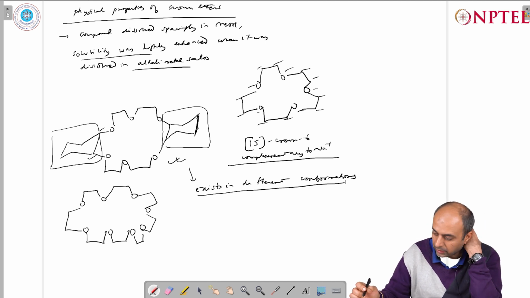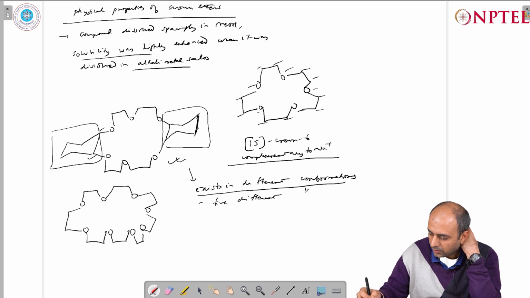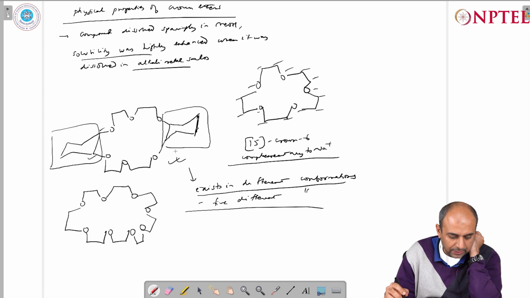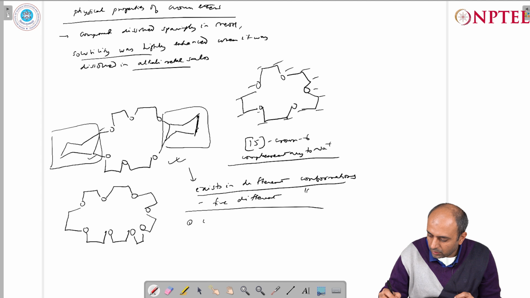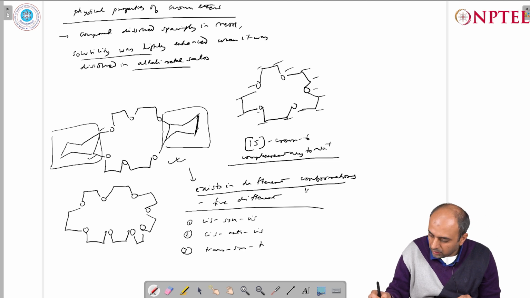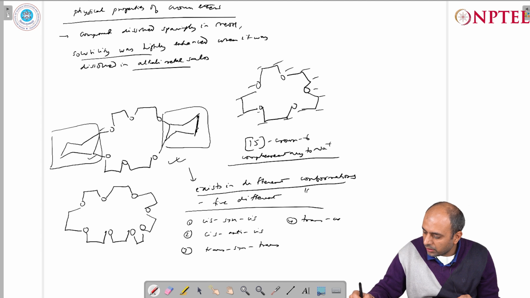In principle, there are 5 different conformations the dicyclohexyl system exists in, and these are referred to as cis-syn-cis, cis-anti-cis, trans-syn-trans, trans-anti-trans, and cis-trans.